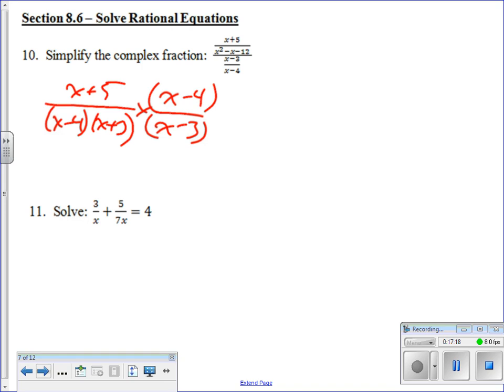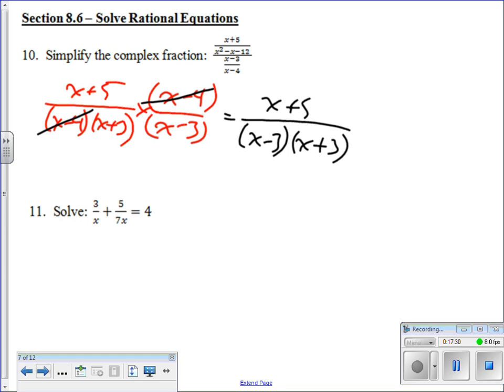Cross cancel anything I can cancel. My x minus 4's cancel. And I get x plus 5 over x minus 3, x plus 3. That's it. Key to this is being able to factor.